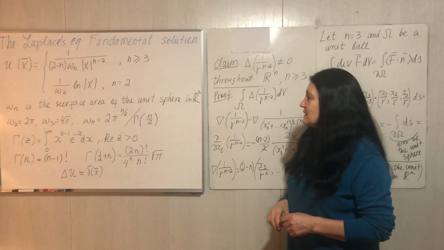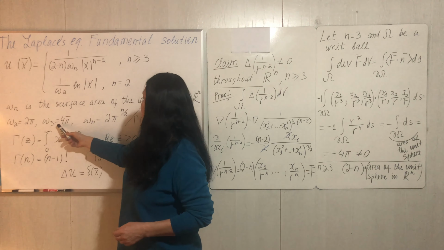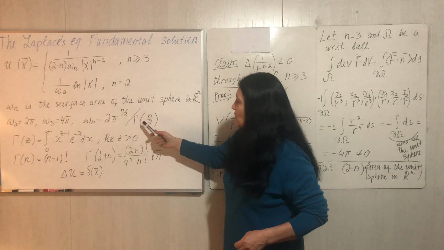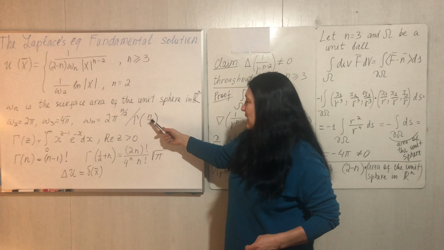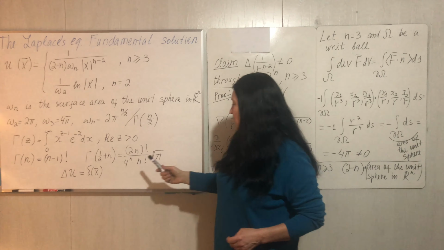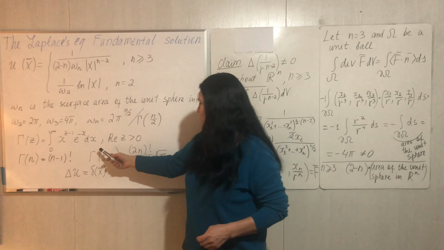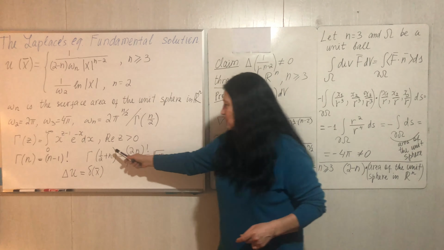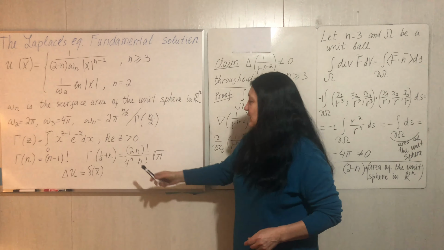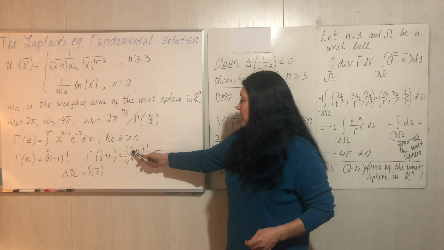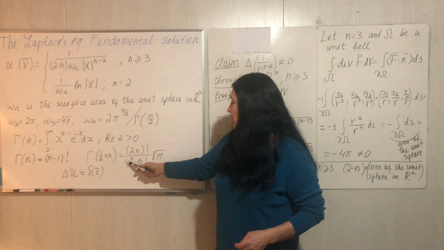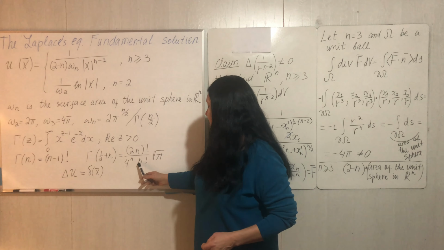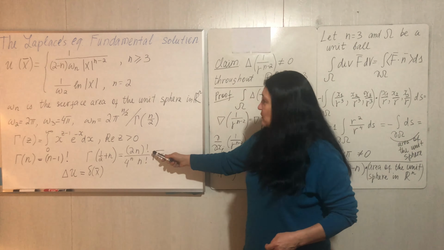And for, say, three-dimensional space, we can check this formula. In this case, n equals 3, so we have to compute gamma at 3/2. So gamma at 3/2, if I want to use this formula, it's maybe a little bit confusing, but this n would be equal to 1. So then we will get gamma at 3/2, and if this n equals 1, then we'll have 2 factorial, which is 2. Here we have 4, so it will be 1/2, and n is 1, so we just get 1/2 square root of pi.